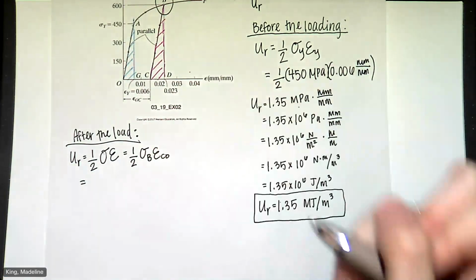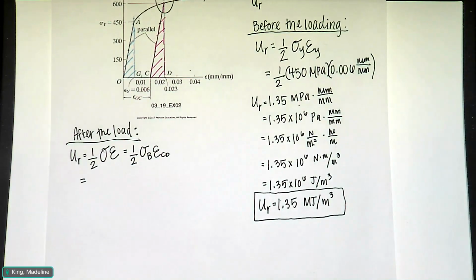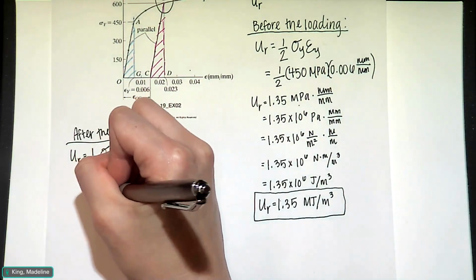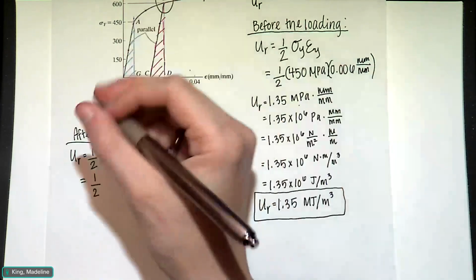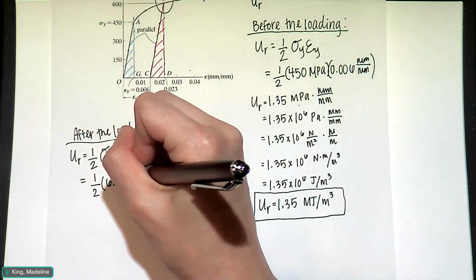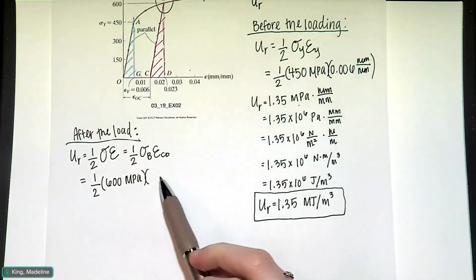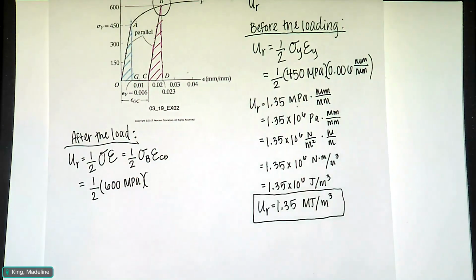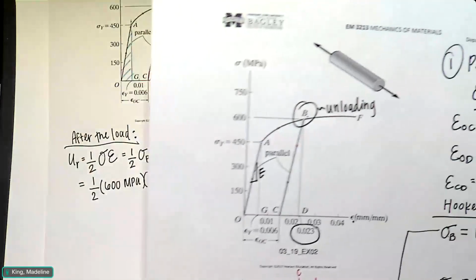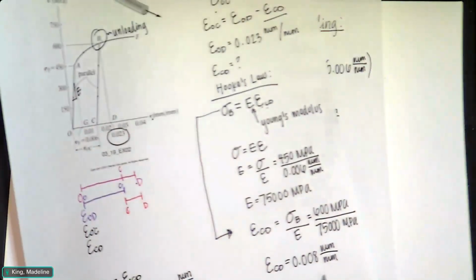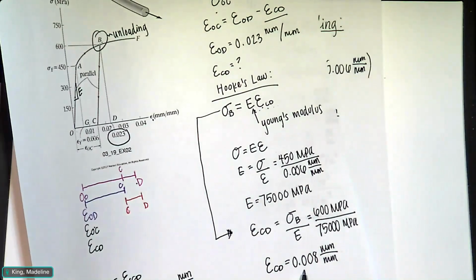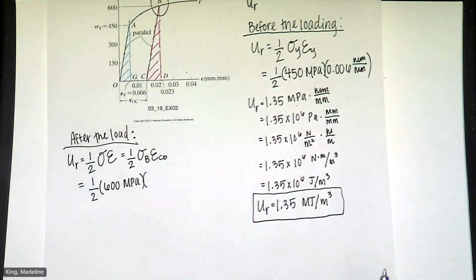All right, now we can start plugging in numbers. So 1/2 times our sigma at point B is 600 megapascals. And our epsilon at CD, we found earlier, it's 0.008 millimeter over millimeter.